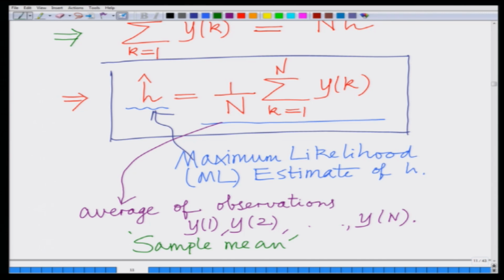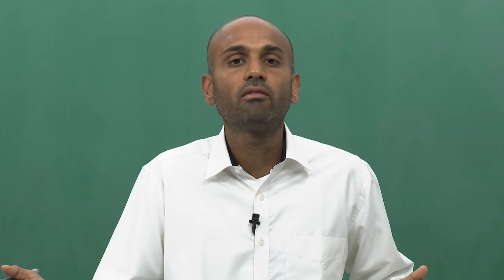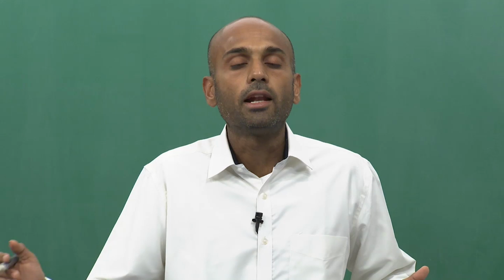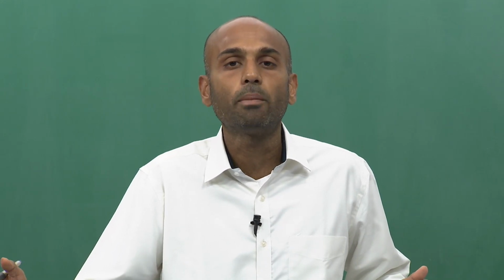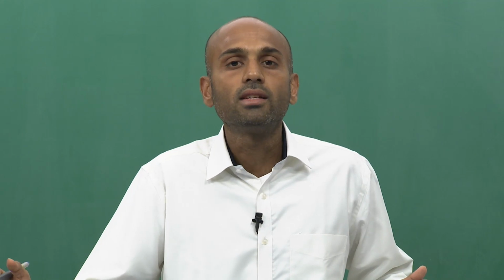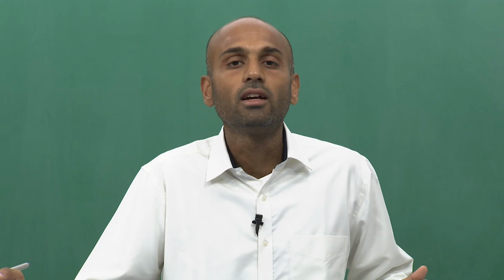What is the sample? We have a sample of observations y1, y2, yn, and the mean of this sample is 1 over n summation k equal to 1 to n yk. This is the arithmetic mean or the sample mean of the observations, and this is very intuitive.